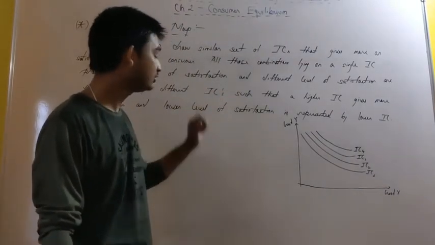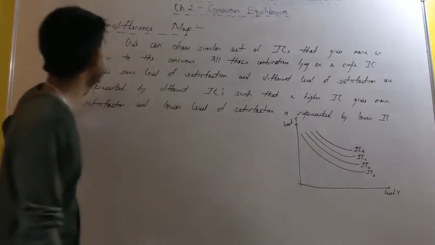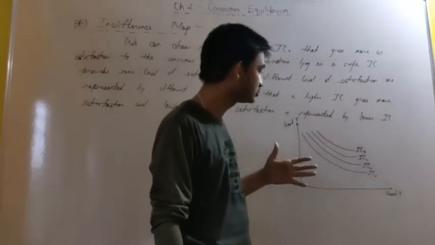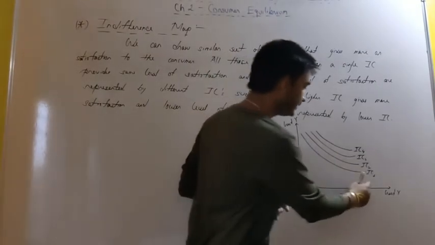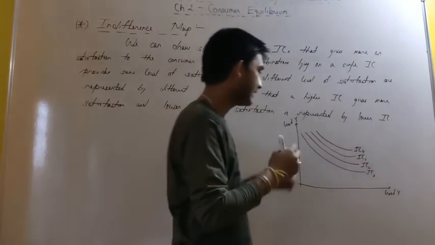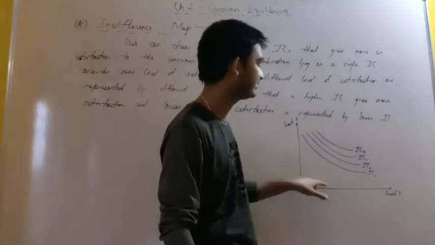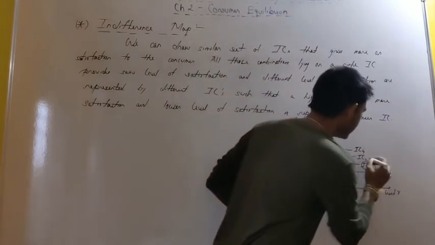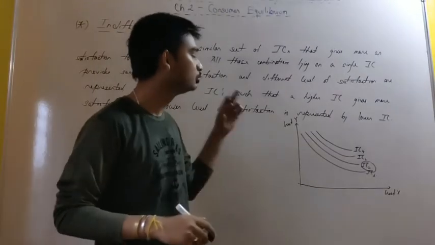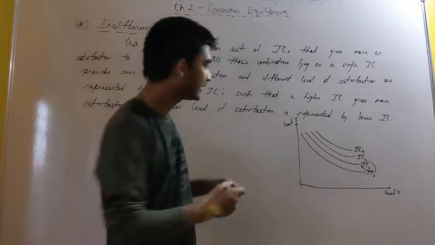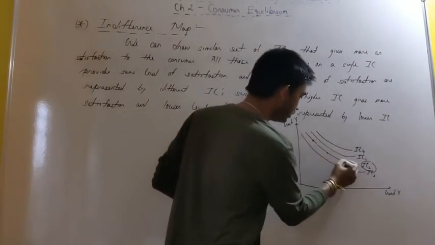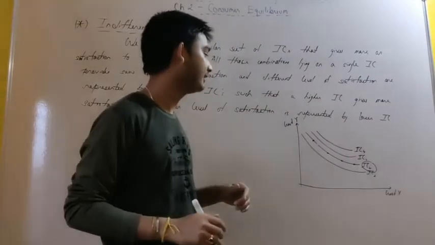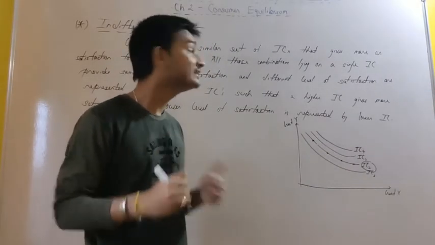The ideology behind the indifference map is that if any combination is chosen on a particular indifference curve, say IC2, no matter which point we choose on it, we get the same level of satisfaction.